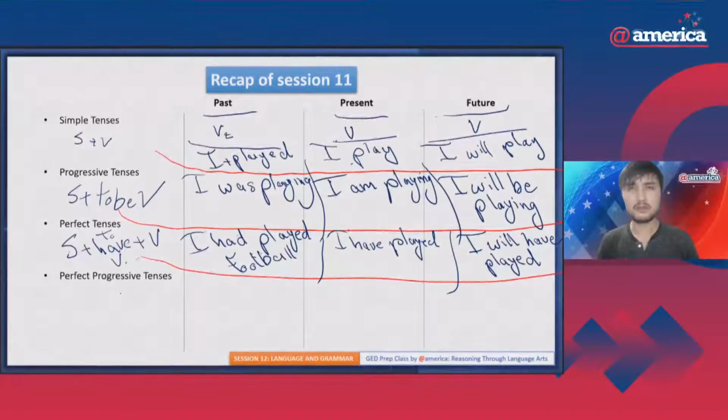And then you say, okay, I will have done the dishes by the time you arrive, or by the time you get back. And for this sentence, I will have played football by 4 p.m.